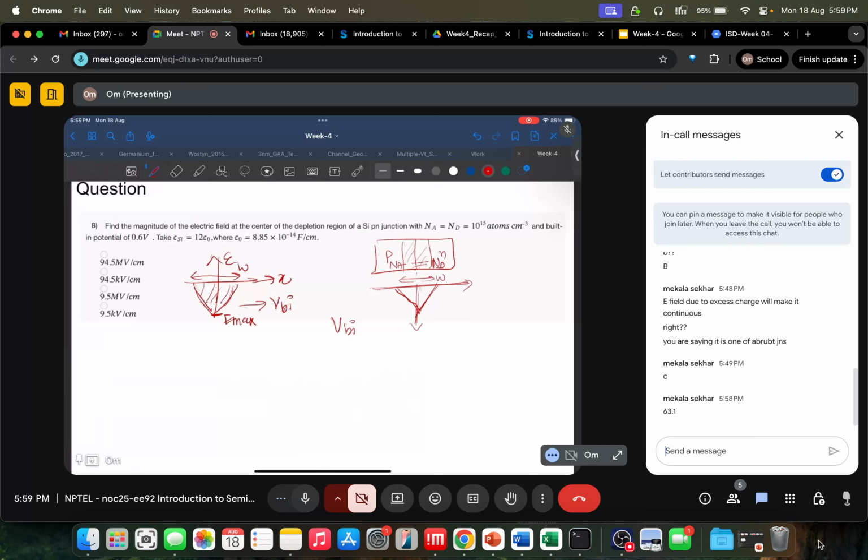So VBI is 1 by 2 into W into Emax, right?